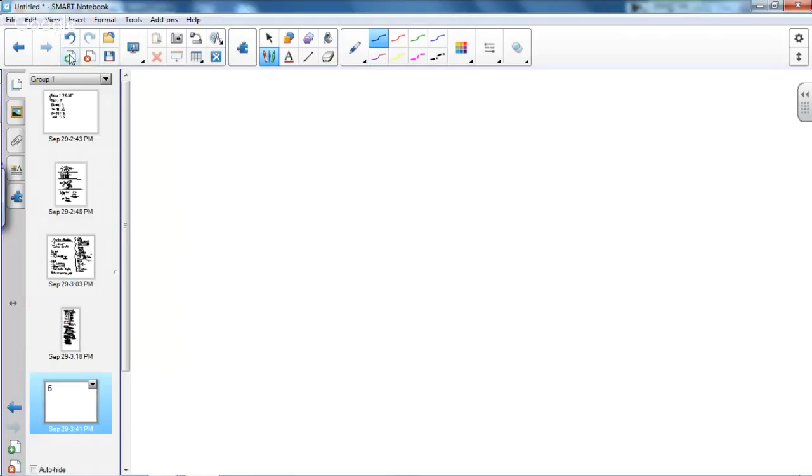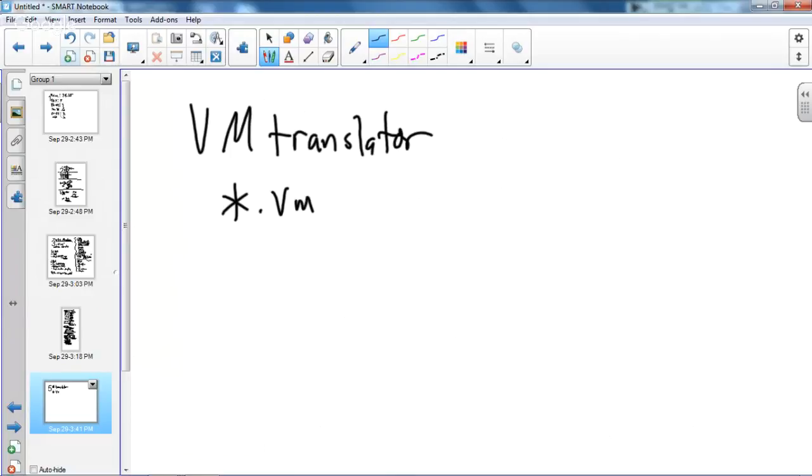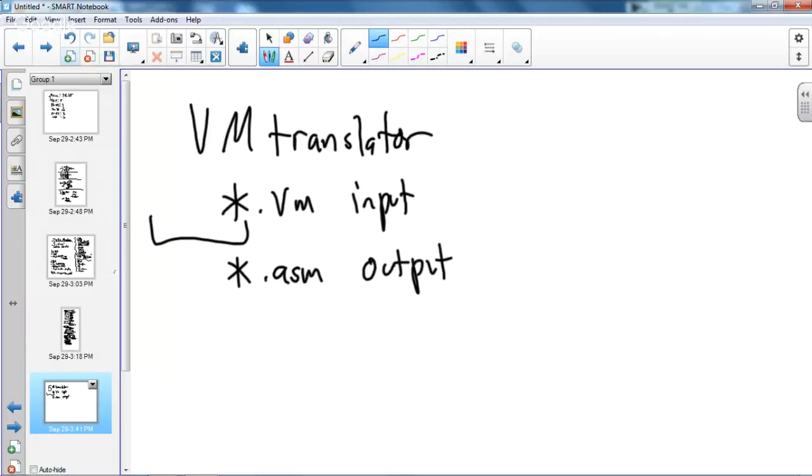So let's talk about that a bit. You're going to write a program called VM Translator. It's going to take some VM file as input. Then you're going to borrow the name from before the dot and generate an ASM file as output.